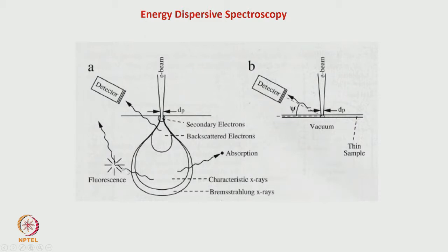Similarly, fluorescence is the process in which, as the X-ray comes out of the sample surface, in addition to the absorption, if it contains another element, this X-ray can knock out an electron from the core level in that element, and give rise to a characteristic X-ray of that second element which is present.